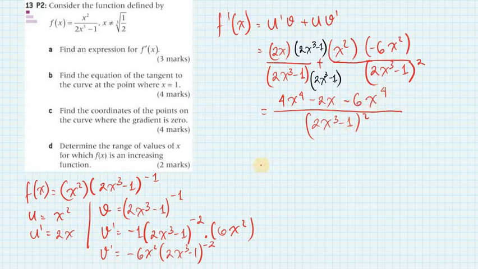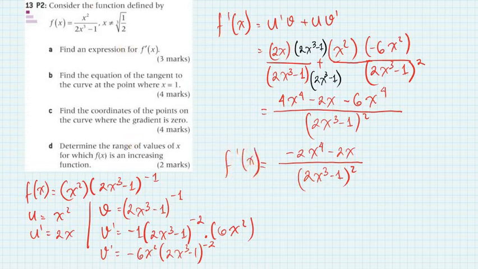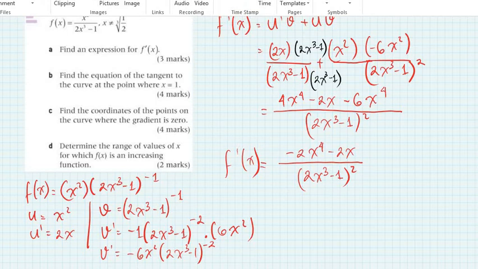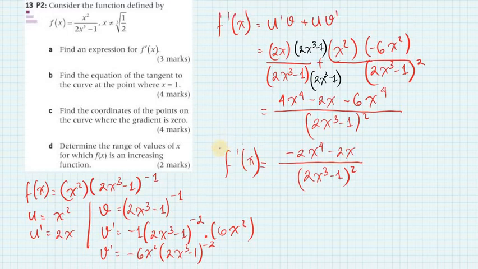We can simplify again, ending up with the same denominator, (2x to the power of 3 minus 1) squared, and in the numerator 4x to the power of 4 minus 6x to the power of 4, which gives negative 2x to the power of 4, minus 2x. This will be our f'(x). That's the answer for A.